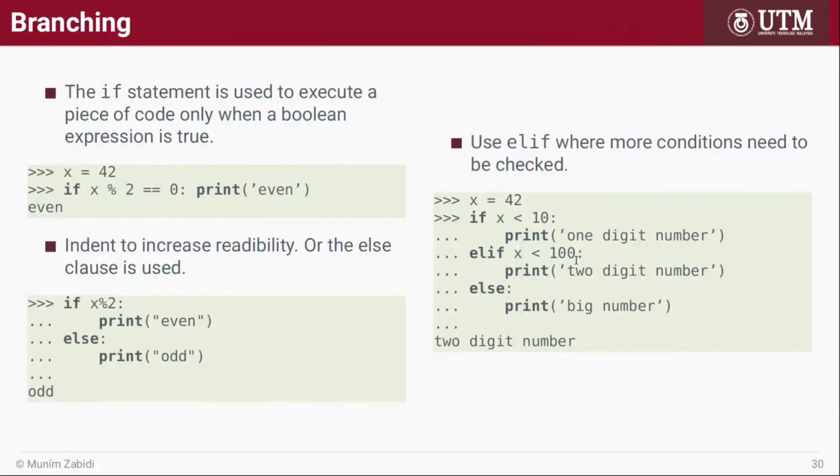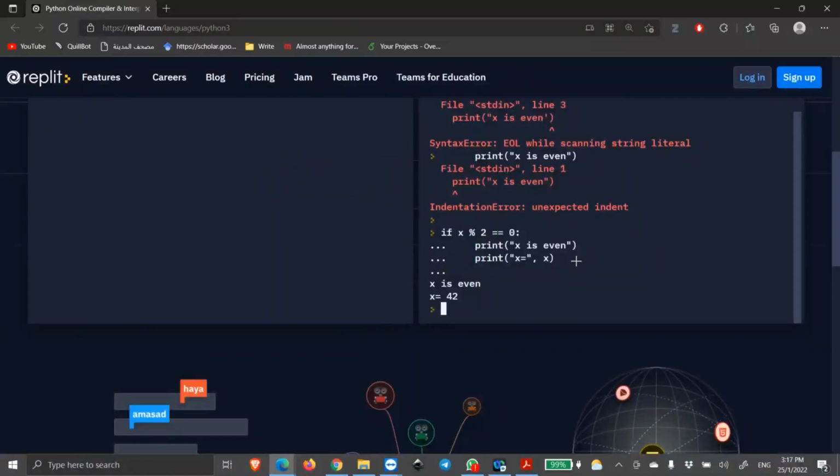Right, and then okay, let's try out the else if here. Not sure I can remember all this. Okay, so if x, x is 42, so I don't have to do that again.